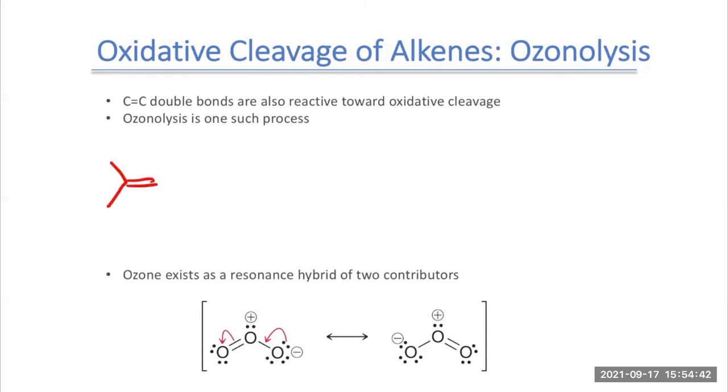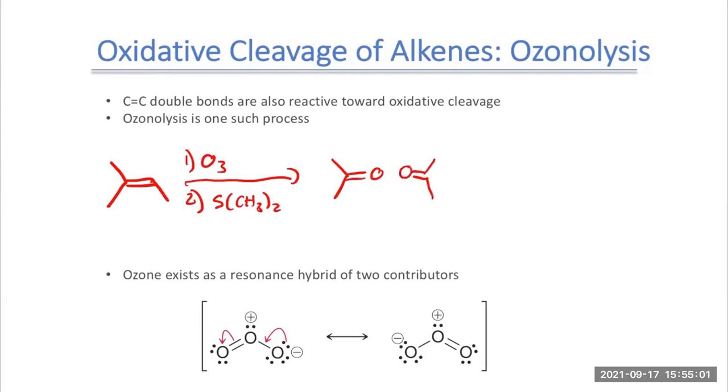So I can have my alkene, and I can do ozonolysis. And I'll still do an oxidative cleavage, but instead of forming carboxylic acid, now it just forms an aldehyde. So it's more mild than the permanganate.